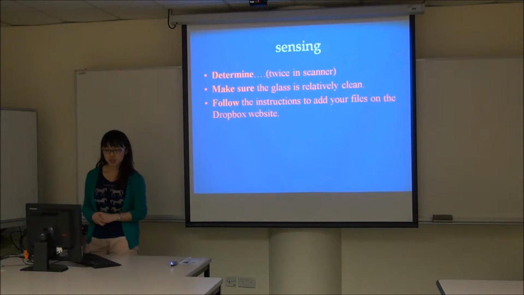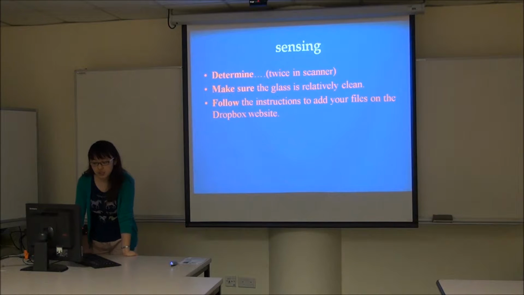We can judge from the use of the verb determine that it is only achieved with your senses. And the second sentence, make sure the glass is relatively clean, is also based on your sensation.